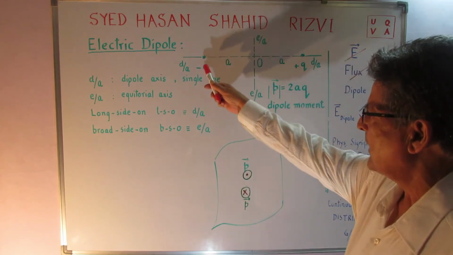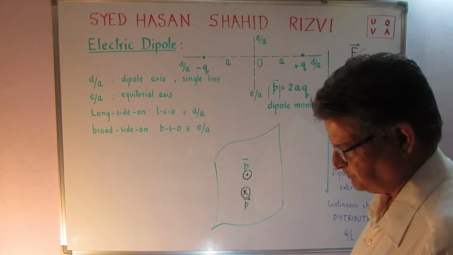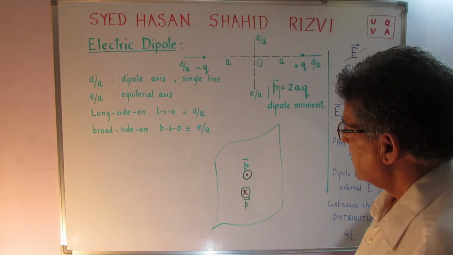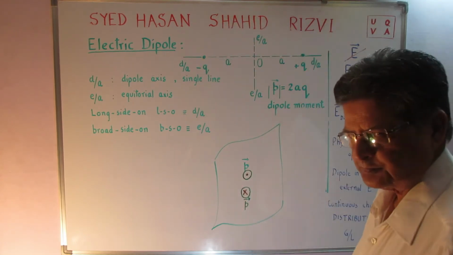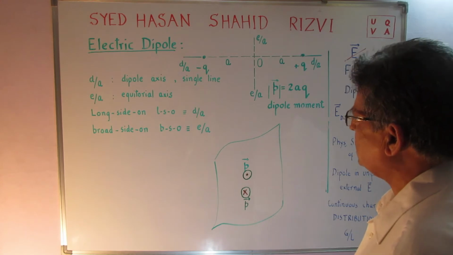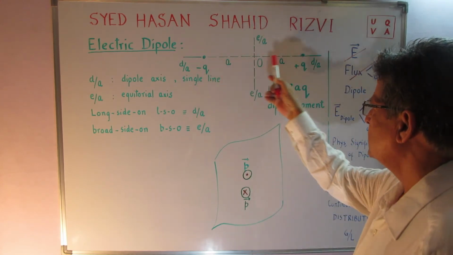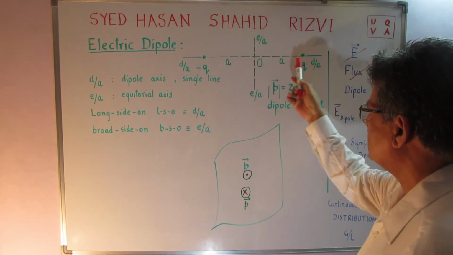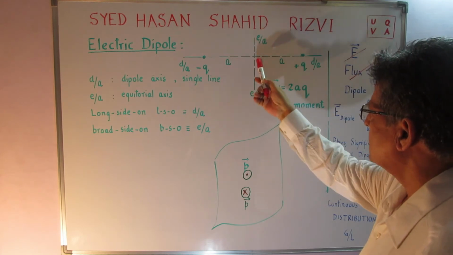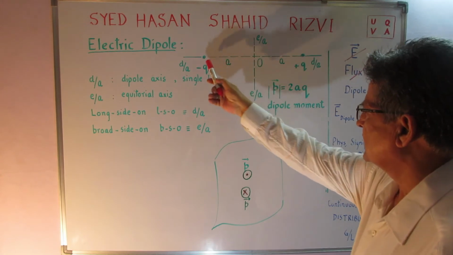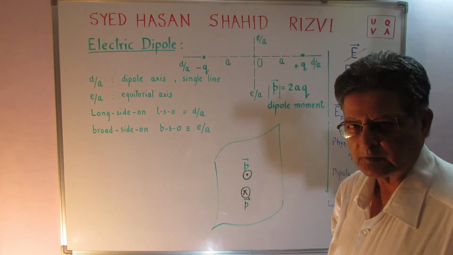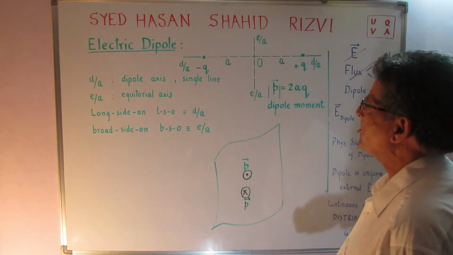But here I have two charges, negative Q and positive Q, and they are separated from each other on the line joining the two, which has been shown with the broken line. This is the center of the dipole. Plus A and minus A, the distance of separation between the two of them is equal to 2A.